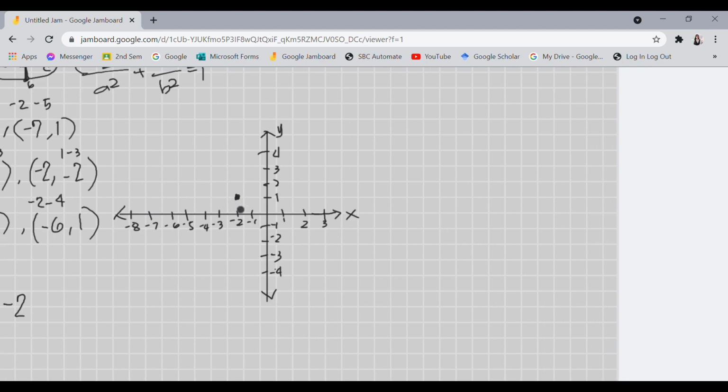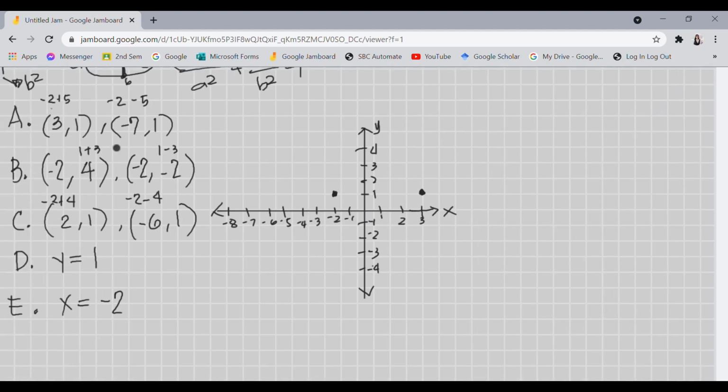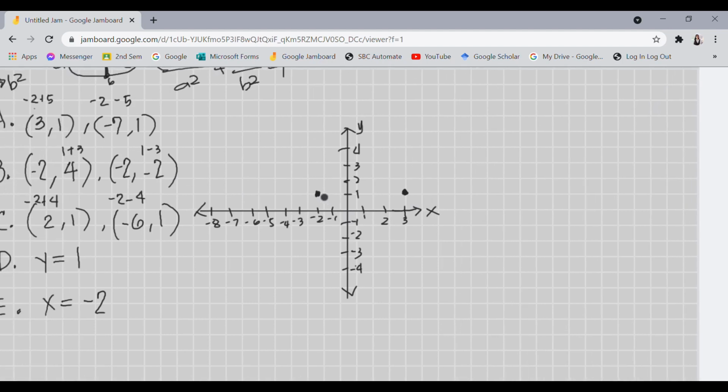So, from negative 2, we have 1, 2, 3, 4, 5. 5 units to the right, that gives us 3, 1. So, that is correct. And then, 5 units to the left side, from negative 2, 1, we have 1, 2, 3, 4, and 5.